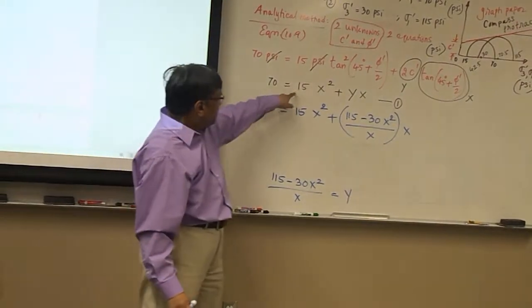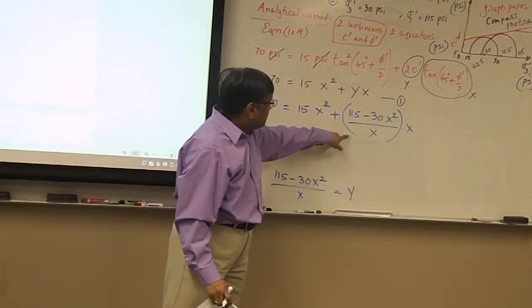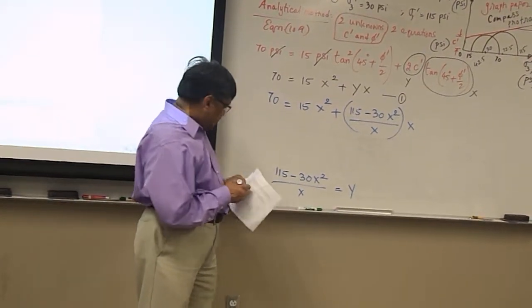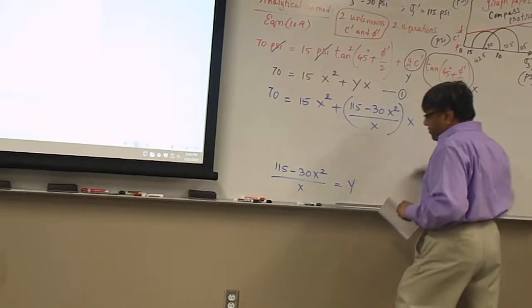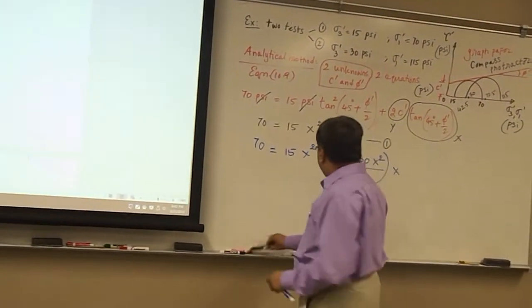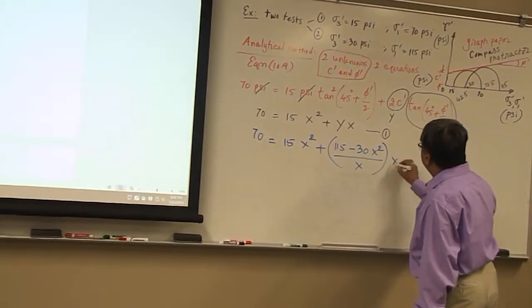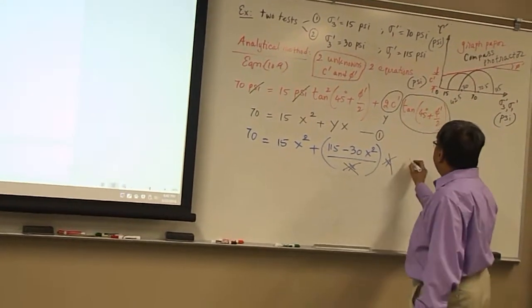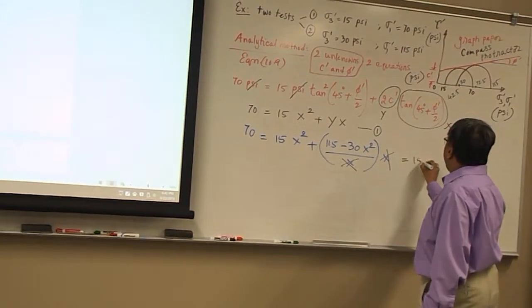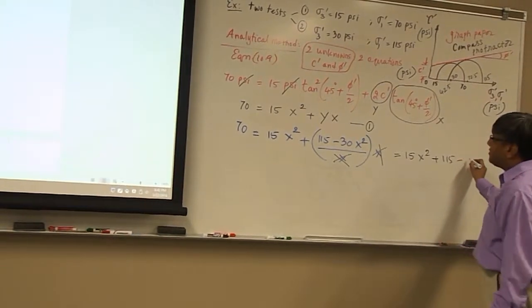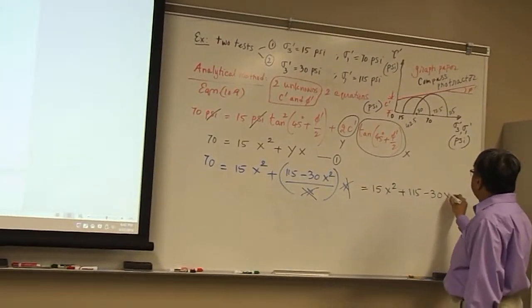I wrote it down exactly, and just replaced y with the value we have got here. So I can erase this one and then see how easily we can simplify. Simplifying means here x is gone, eliminated. So this can be simplified as 15 x squared plus 115 minus 30 x squared.